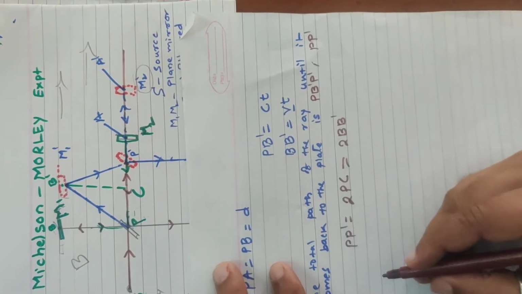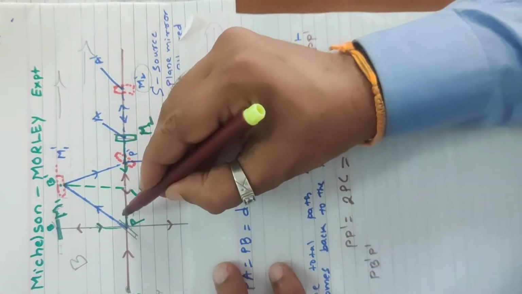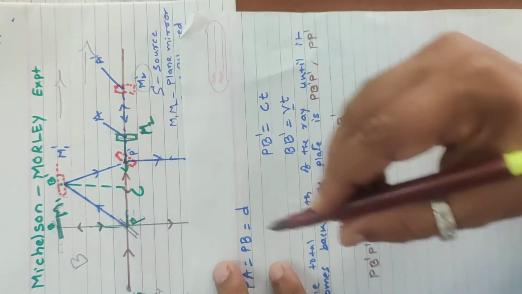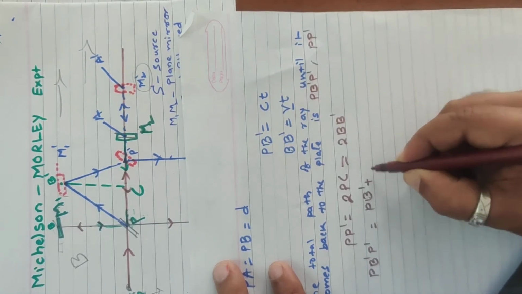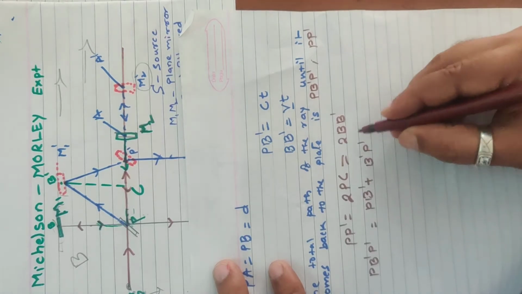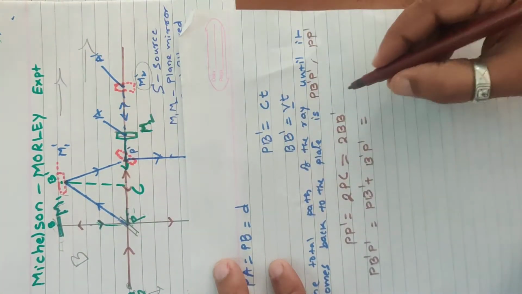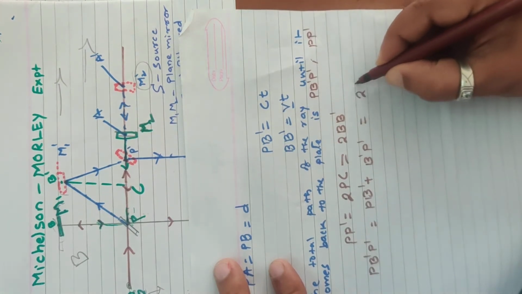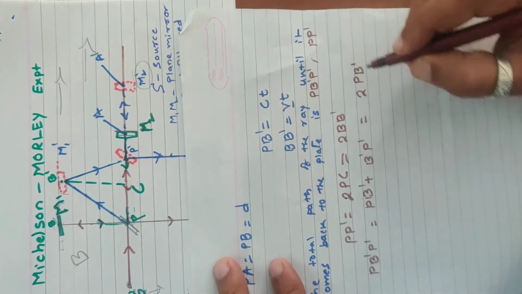Now from the triangle P dash, it can be written as PB dash plus B dash, right? As both are equal, PB dash and B dash are equal, I write it as 2PB dash, right?